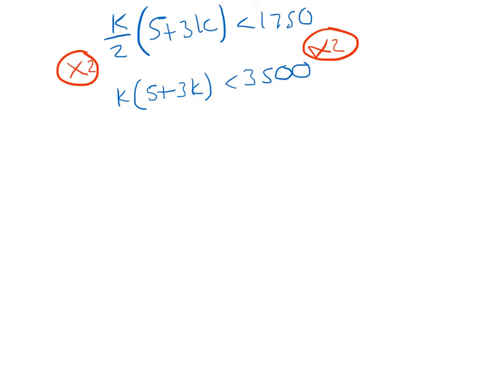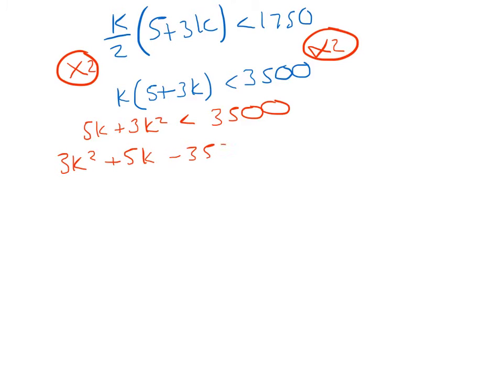If I multiply out now the k bracket 5 plus 3k, then I get 5k plus 3k squared is less than 3,500. I hope some of you are now seeing what this has turned into. If we gather it all on one side and just put it in order, we've actually got a quadratic.